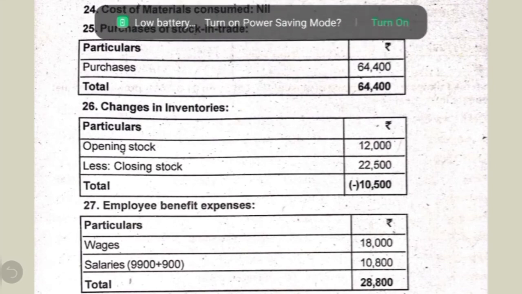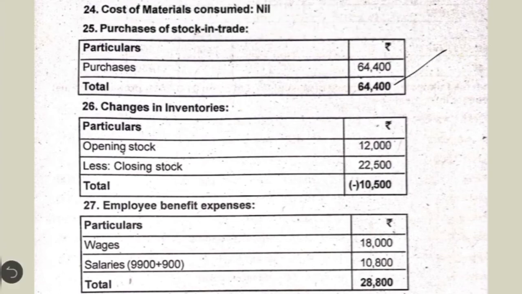25, purchases of stock in trade. We have purchases, there are no other adjustments, so we are going to show only purchases 64,400. Then changes in the inventories, we are going to first write opening stock less closing stock, we have a negative value of 10,500. Then note number 27, employee benefit expenses, wages we are going to write 18,000, salaries here 9,900 is paid for 11 months, then 1 month's outstanding we have to add.